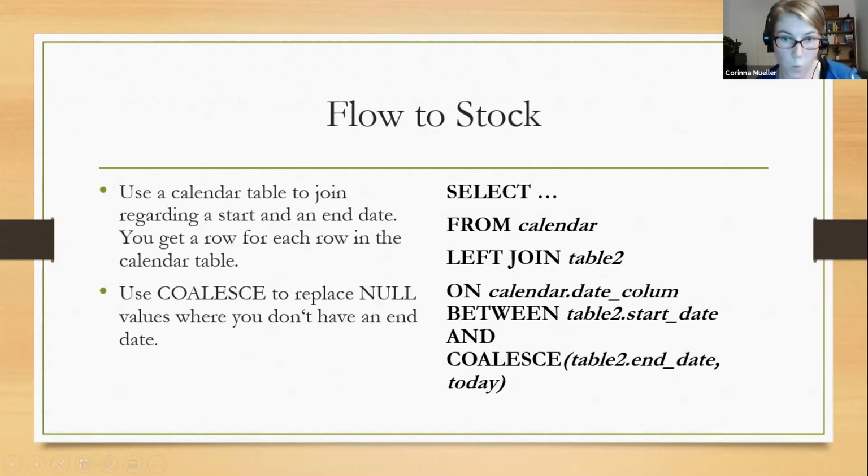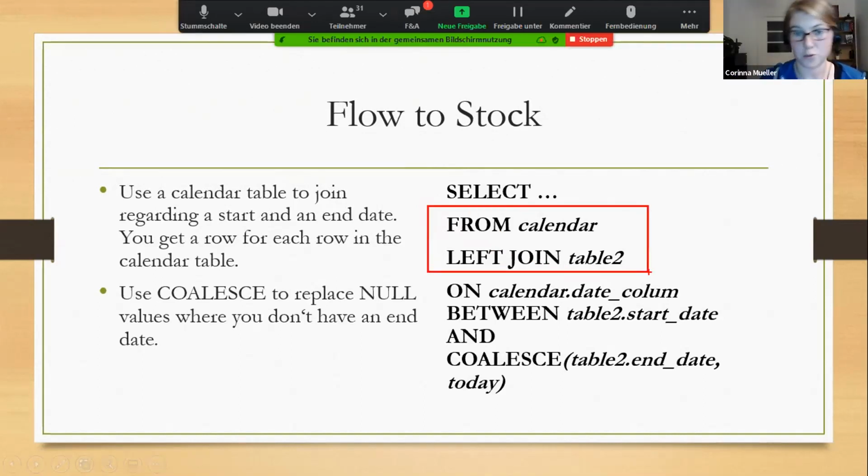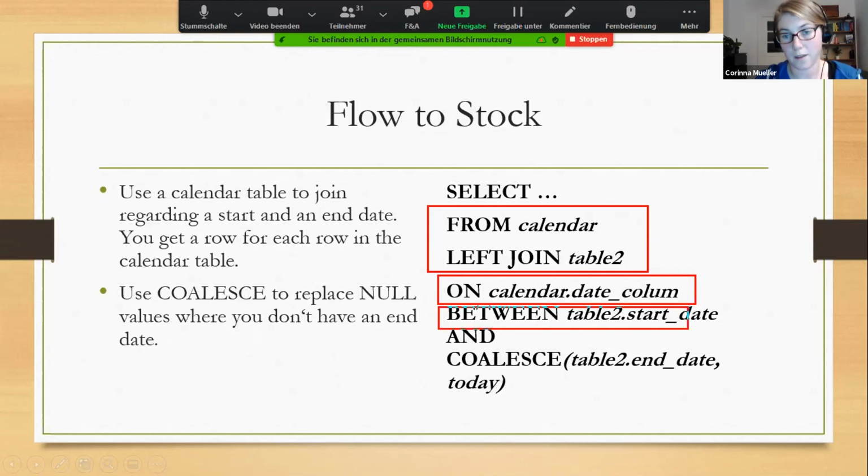So we have the calendar, join it with the table 2. And now the condition, how we join on, looks like this. So we have the date from the calendar, and this date should be between the starting date and the ending date.